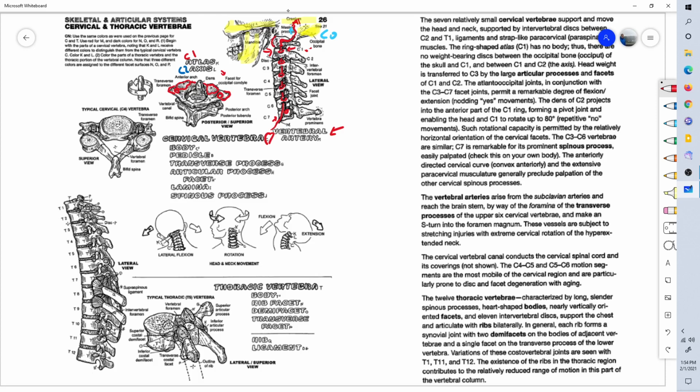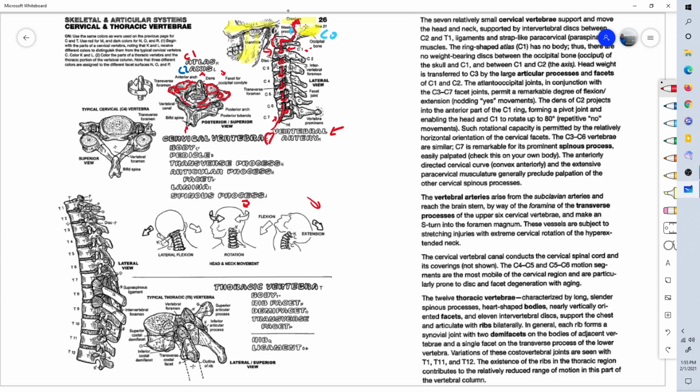So we need to be judicious and careful when we extend the head, and especially when we extend and rotate it at the same time, to take care of that artery, and make sure that the vertebral artery is not compromised. Here you see the posterior arch of C1. This is the back, this is the posterior, this is the anterior.